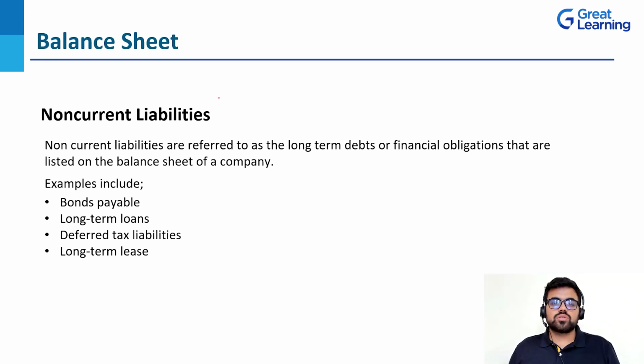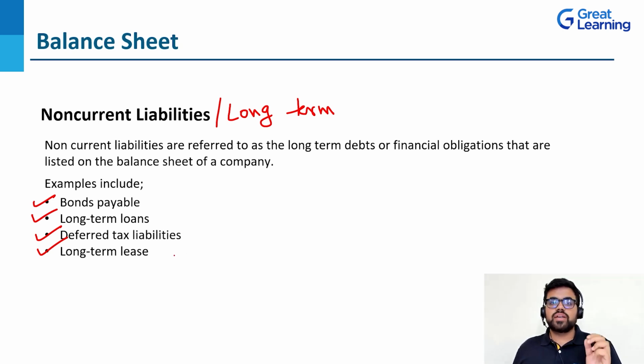Now, non-current means long-term, which are not due within 1 year. So all these: bonds payable, long-term loans, deferred tax liabilities, long-term lease. Sometimes a company takes a place for rent for 5 or 6 years in total.